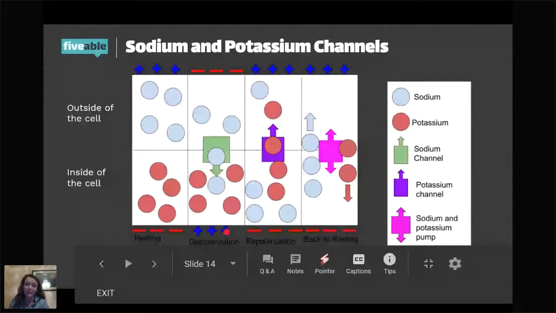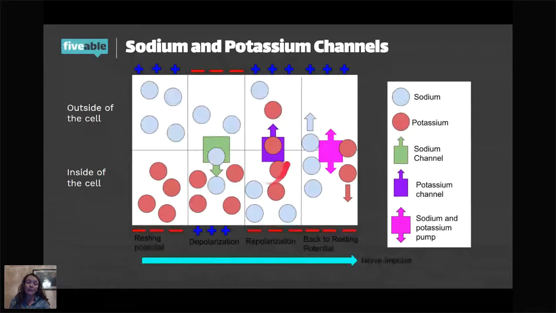Okay, as that happens, this gets sent down. We eventually need to start to equalize our cells again because we're not continually sending that same message. So this message of positivity will get sent down the cell, and then the cell needs to start to reset itself. So the first thing that it'll do is it'll close these pumps so that no more sodium can come in, and it will open up potassium pumps. And again, potassium is the same.